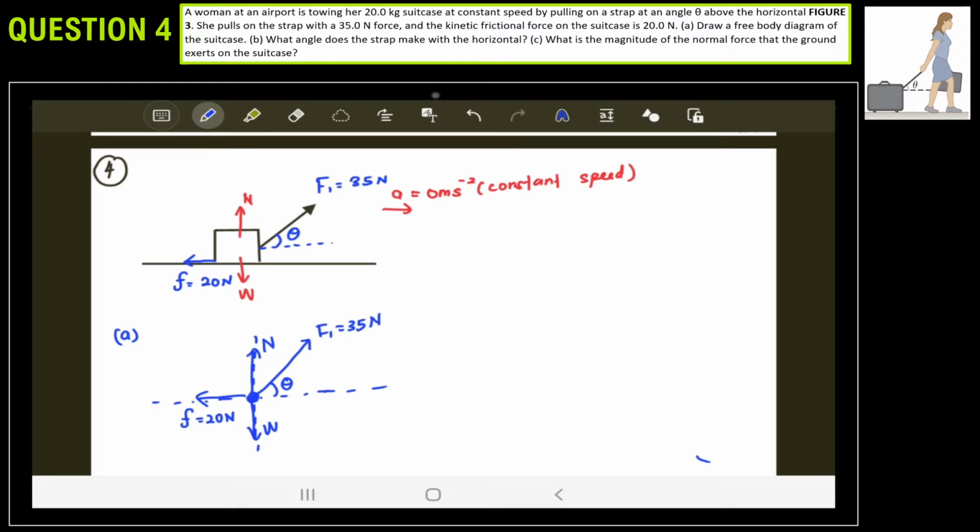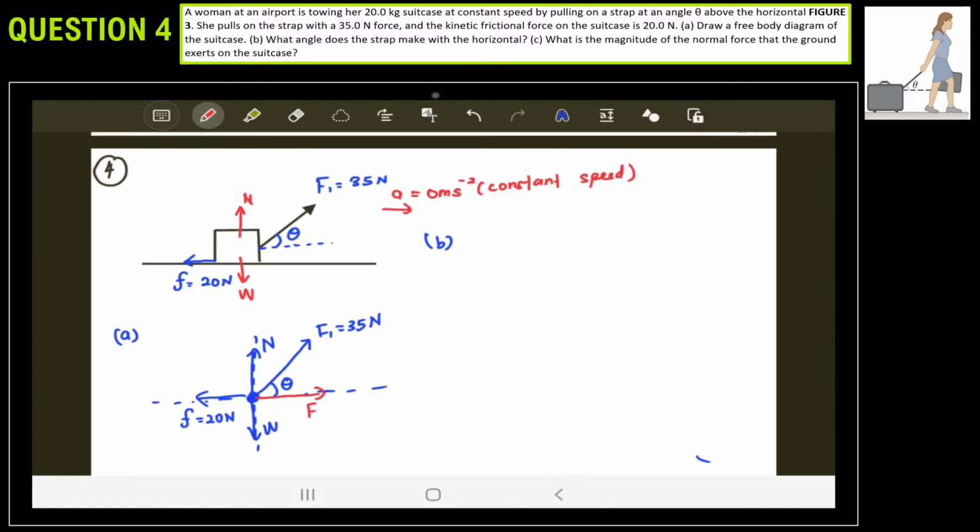So full marks. Now B, we want to start the calculation, because the question states to calculate the angle the strap makes with the horizontal. So you want to find angle theta. Before you start your calculation, make sure you resolve any force that is at some angle of theta.